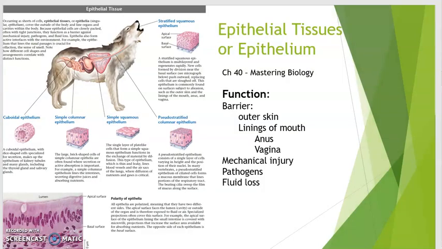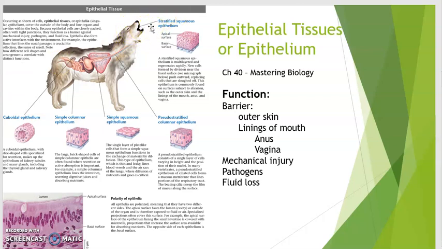Let's think about epithelial tissue and my friend the wolf. Again, we talked about the epithelial tissue being a barrier. Well, the biggest organ any animal has is their outer skin. So we can think about epithelial tissue and the epidermis as the outer skin of our wolf. Also, we see this arrow here leading to the lining of his mouth.